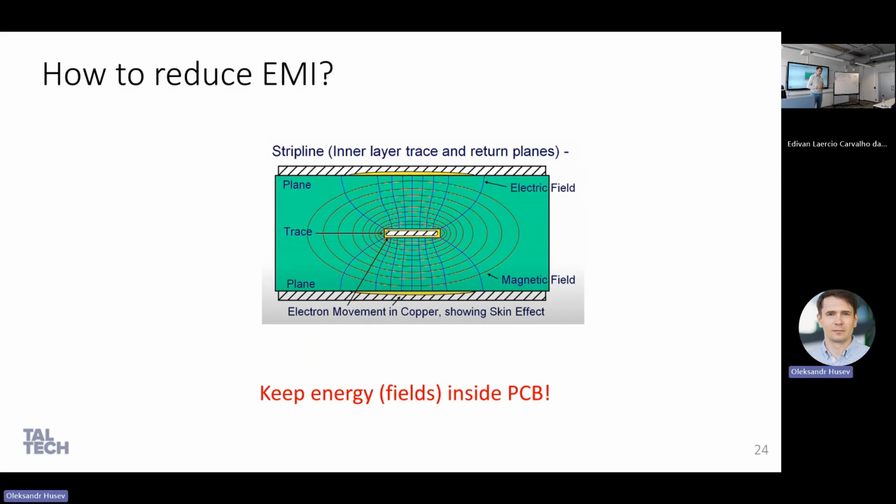Questions about this? Yeah. By this statement, if the energy stays in the PCB, is it for radiated emissions or both? So look, we will show that it's mostly about radiated emission. Conductive emission is a little bit different, but it's a good question.